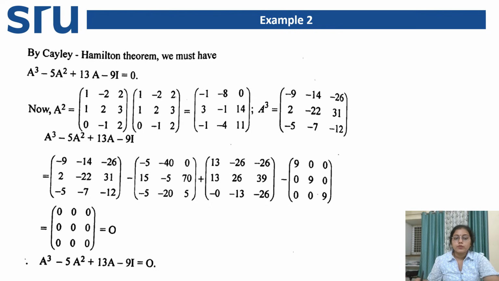For A cube, you multiply A square into A, so you get A cube. Put all the values in the place of A cube, A square, A and I, and do the calculation place wise, so you get 0 in each entry. So this is verified. Now I'll discuss in the next slide how to find the inverse by using this Cayley-Hamilton theorem.